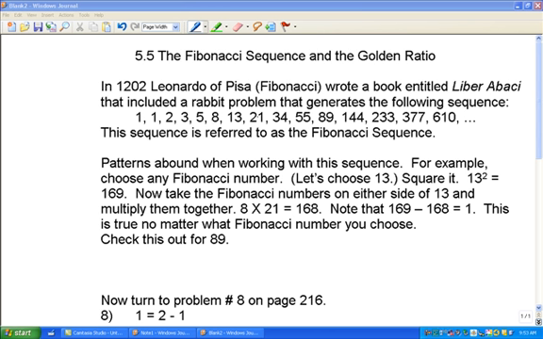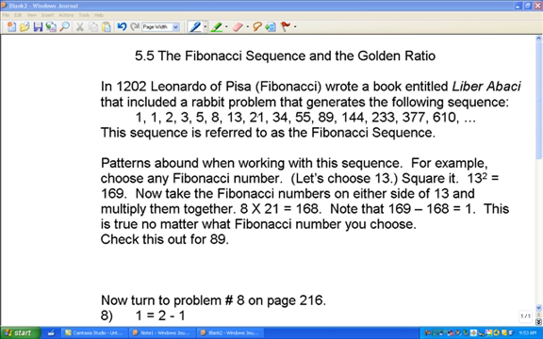21, and so forth. Now, this is the Fibonacci sequence, and there are patterns all over the place when you work with this particular sequence. So, for example, if you choose any Fibonacci number, and let's choose number 13, and square it, we get 169.